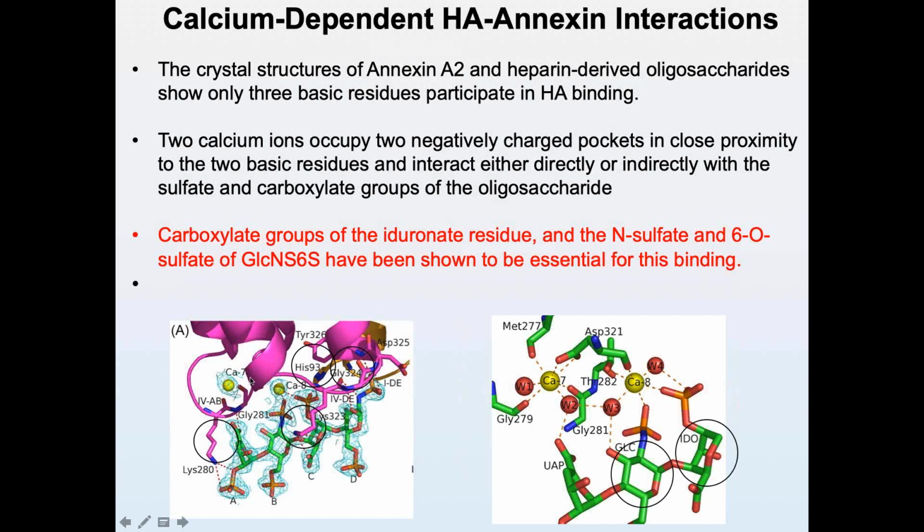However, it also contains 2 calcium ions, which help it to recognize a specific GAG. So not only are there basic residues, it also contains these metal ions that allow this protein to recognize specific GAGs.